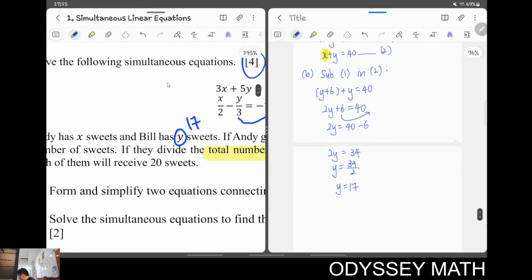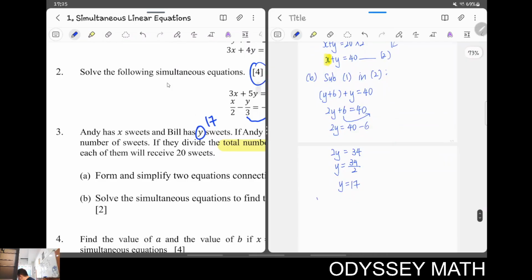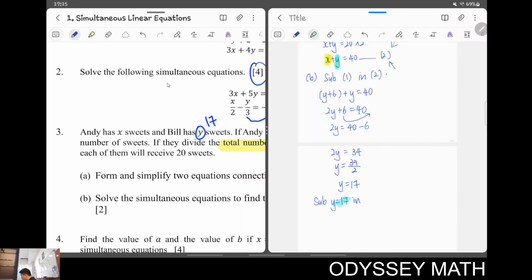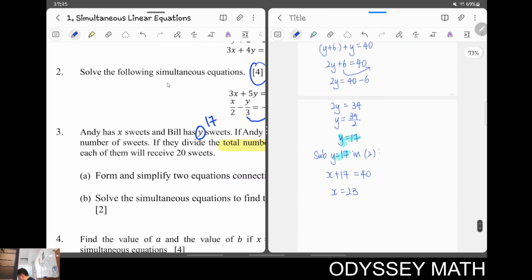To find the number of sweets that Andy has, that's very easy. We just substitute Y equals 17 into one of the equations above. We substitute in equation 2, highlighted in light blue. We replace the Y here with 17. Got it? So X plus 17 equals 40, so X equals 23, which means that Andy has 23 sweets.